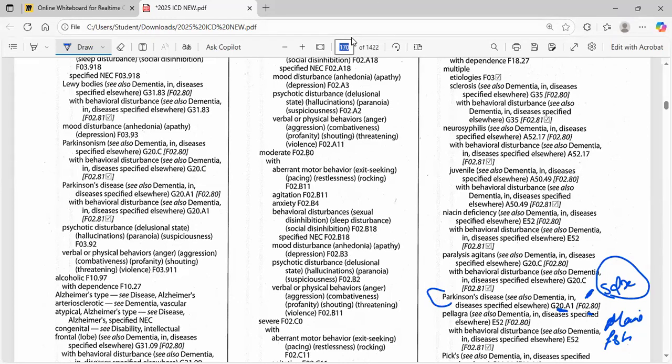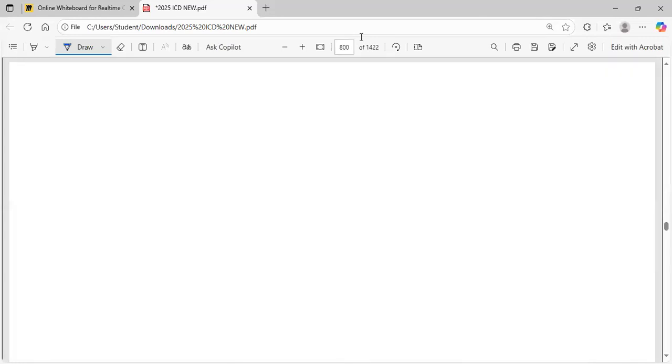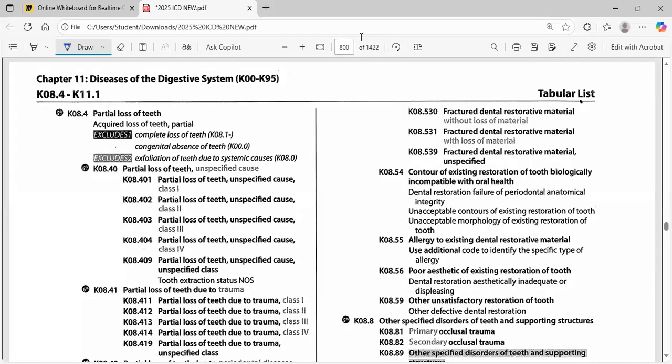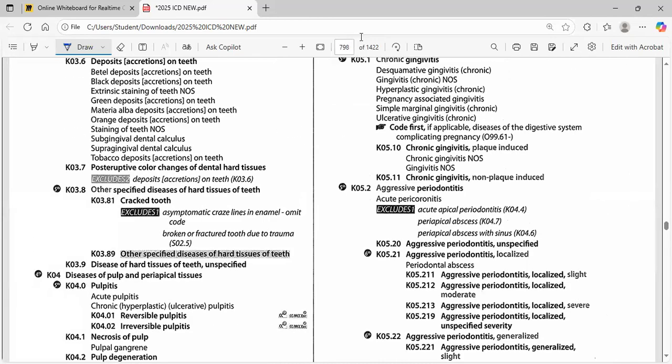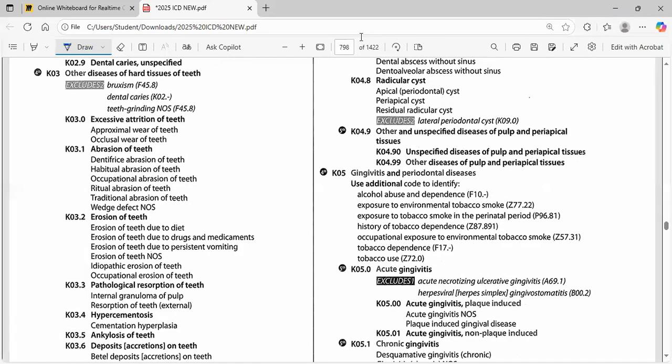We have two types of instructions. You can see it at K05.